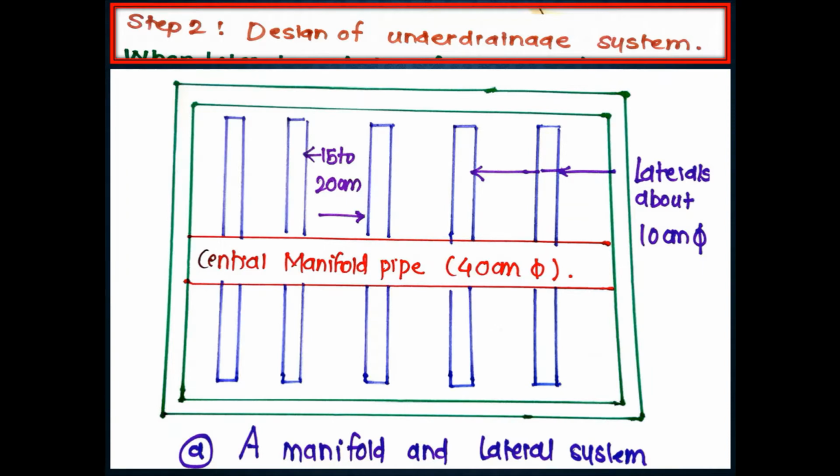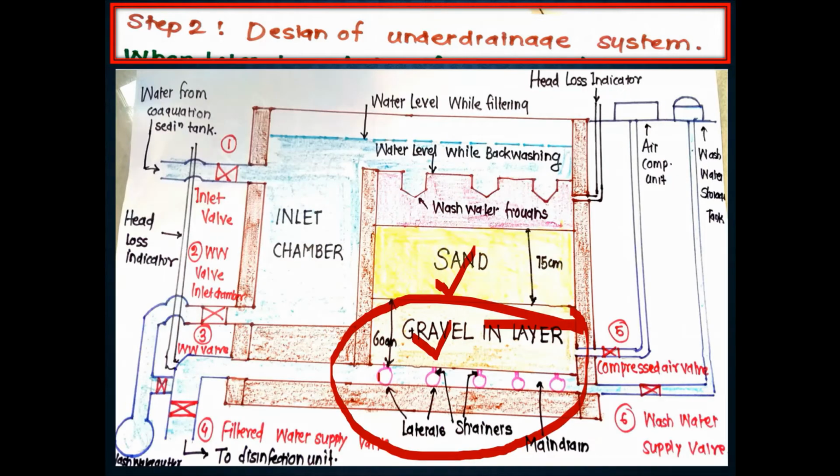This is the plan view or top view of the under drainage system that you have to design, because looking from the side or from a sectional point of view, you are only able to see circles and cannot imagine where the under drainage system is. If we look from the top view, we will get a 100% idea about the under drainage system.